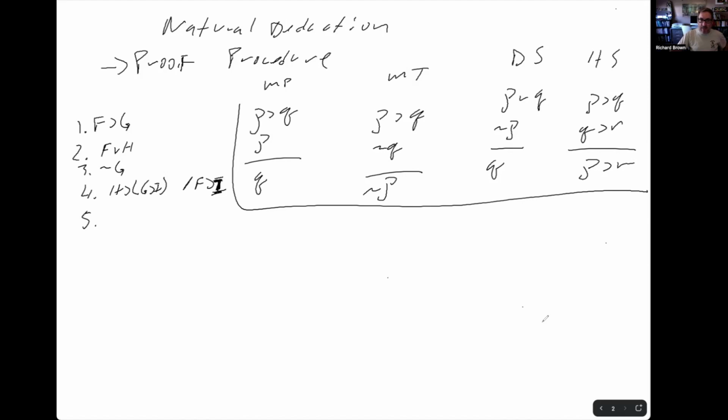So in that case, you would have to think of F horseshoe I as the conclusion of hypothetical syllogism, which means that F would have to be P and I would have to be R, because the horseshoe that you get is P horseshoe R. What that means is that in order to produce that conclusion, you would have to have F horseshoe some well-formed formula, and then that well-formed formula horseshoe I. That's the pattern up here.